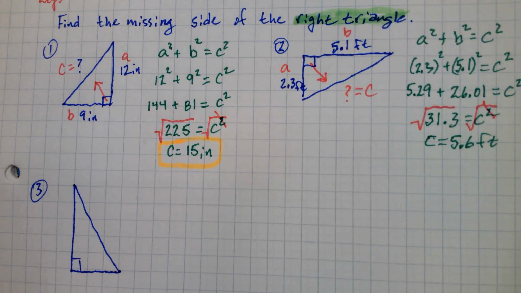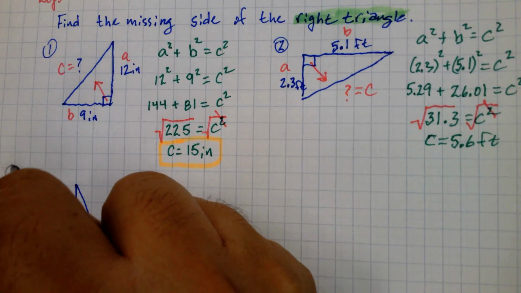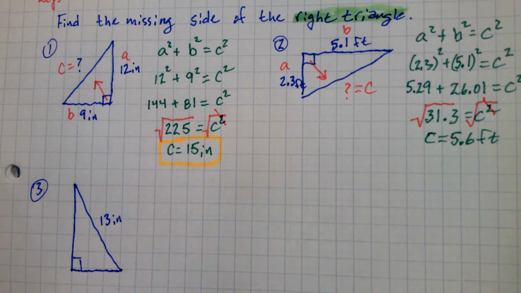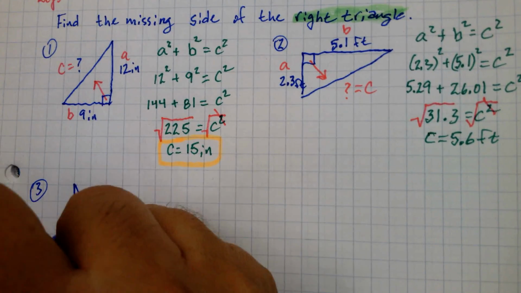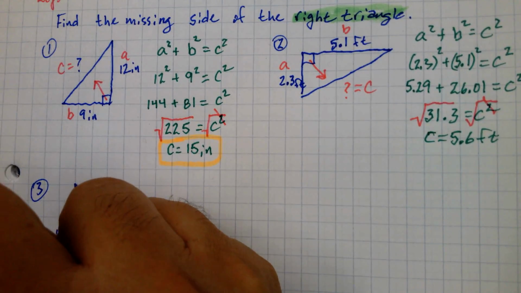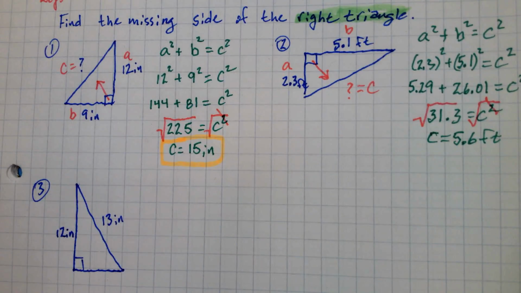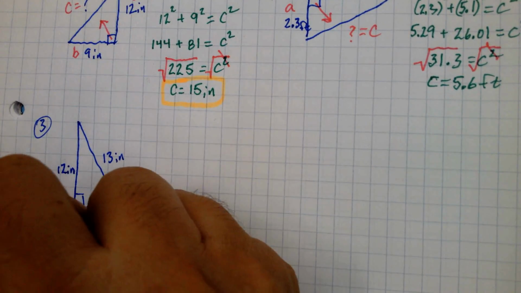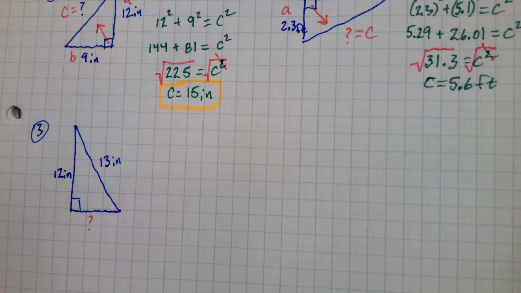Here's my right triangle. Let's say this is 13 inches and 12 inches. This side, we don't know. Okay, which side has to be C? 13.